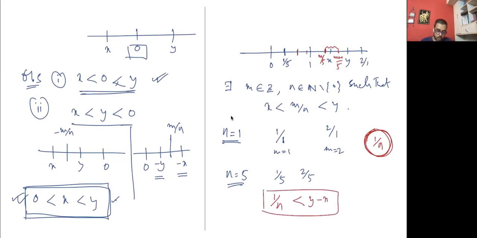Now you go back to an earlier statement that we have proved. Given this number, which is positive, we in fact have a natural number such that this would happen, right? This is guaranteed because N is not bounded above. This is something we have seen today. So first you get an n such that 1 over n is less than y minus x.